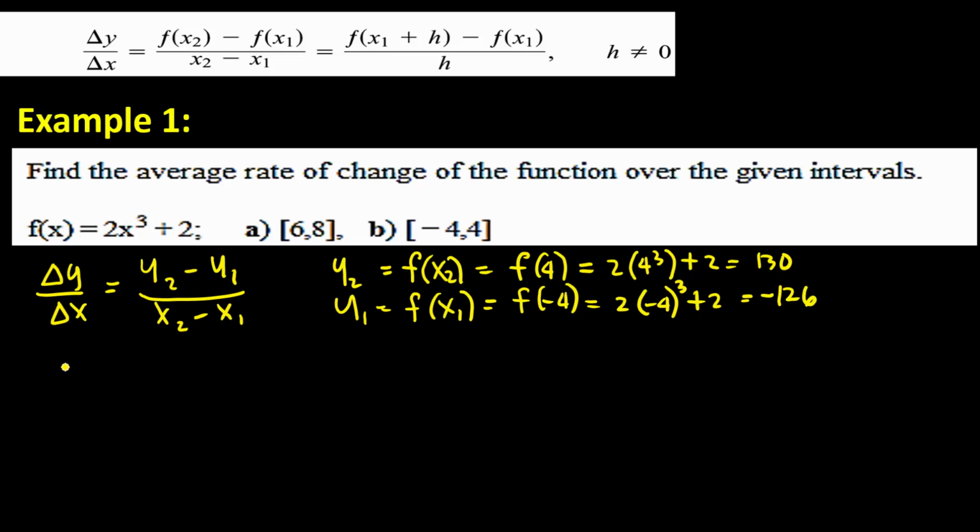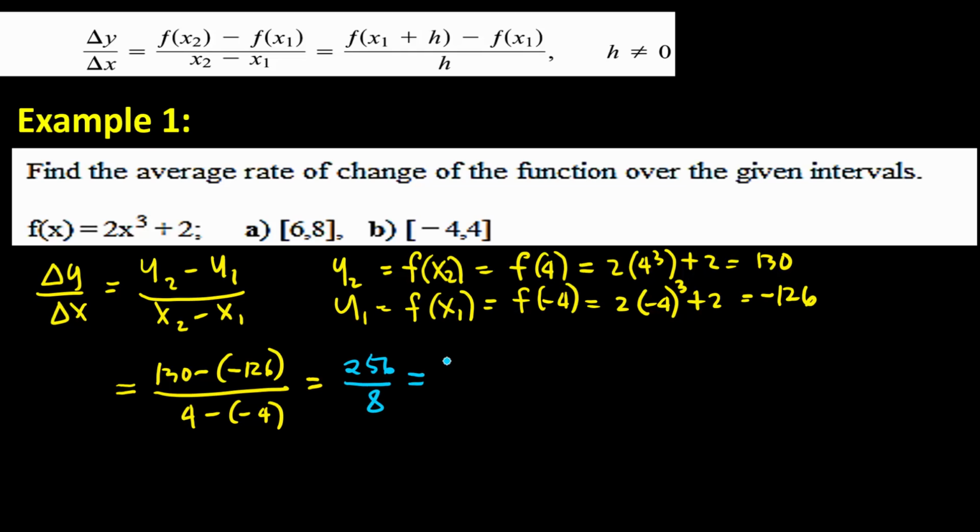So now for our delta, just plug in 130 minus a negative 126 over 4 minus a negative 4. So this whole thing would be equal to 256 over 8, and the slope is 32, when you do all the arithmetic there.